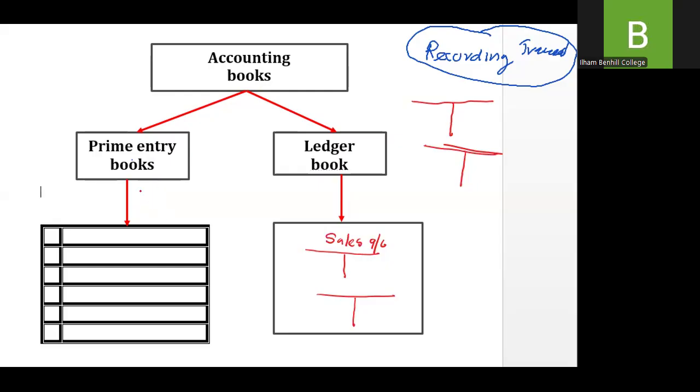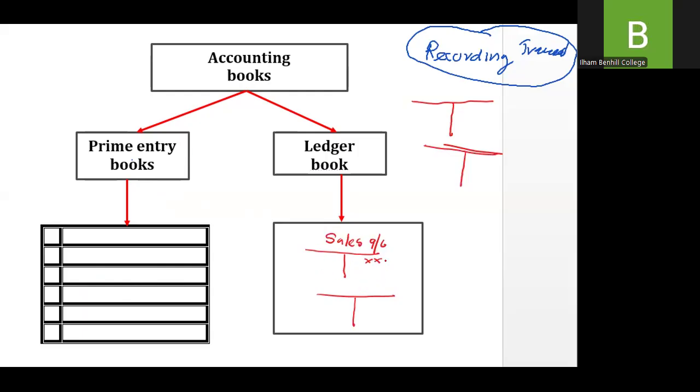So the total credit sales of the month is totaled in the sales journal. If you have studied, you can remember. The total credit sales is entered in the sales account on this side, like this. So that is what I told you. We record transactions in accounts end of the month.